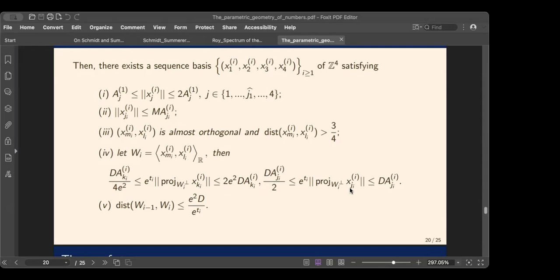But when ki is less than ji, we can use a method to cancel this error caused before, such that xgi satisfies condition 4.